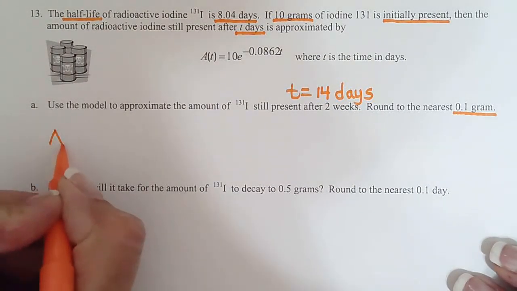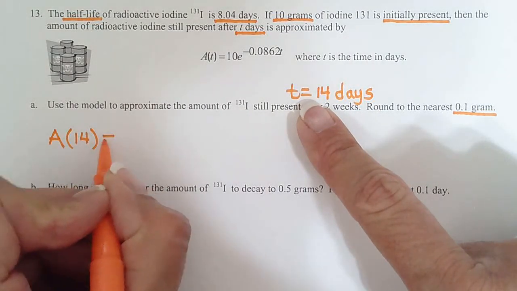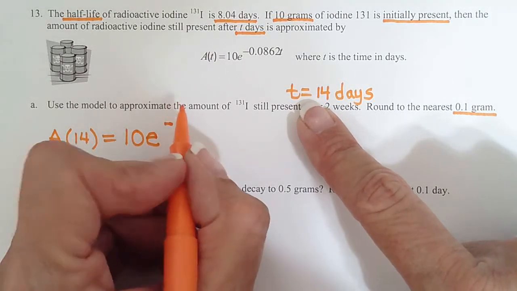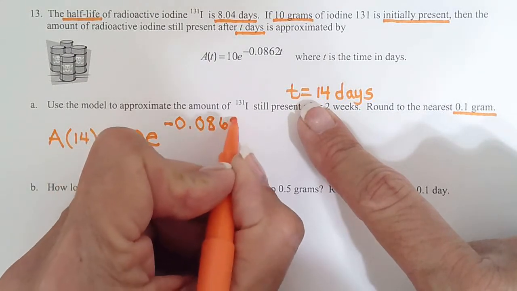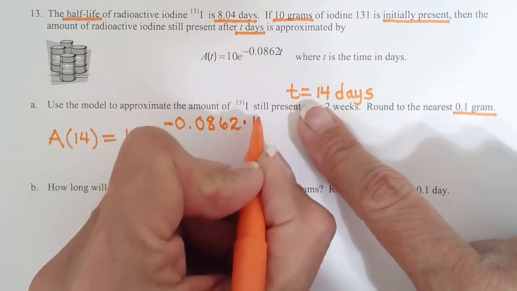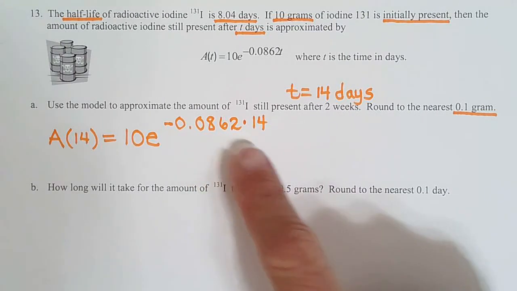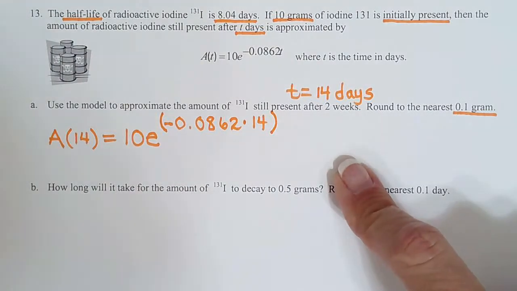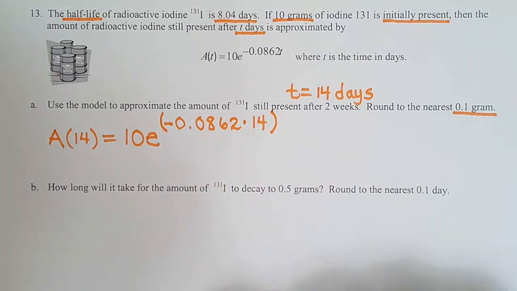So the amount after 14 days is 10 e to the negative 0.0862 times 14. And remember, they open this parenthesis and you have to know to close it at the end. Because it's an E, they'll already do the caret and the open parentheses. You just have to close it at the end.